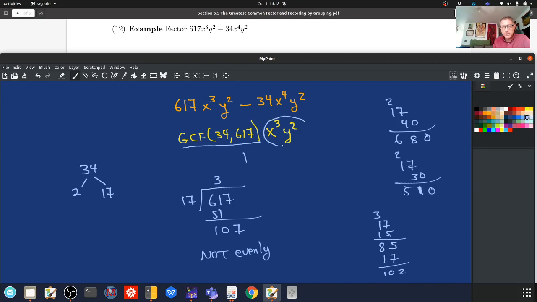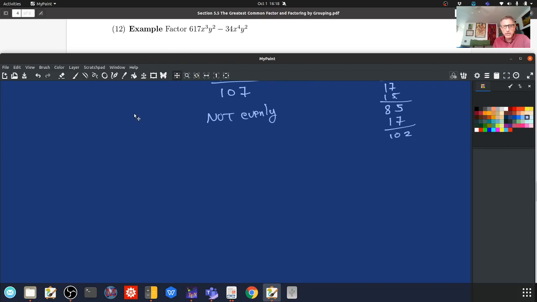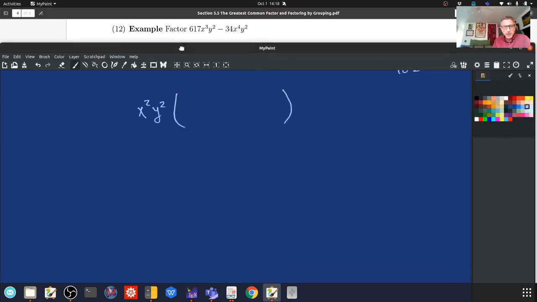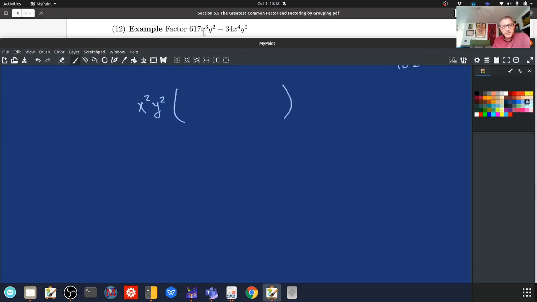So our greatest common factor is x squared y squared. So we can factor out x squared y squared. I'll put my parentheses here. So here we go. What is 617x cubed y squared divided by my GCF?